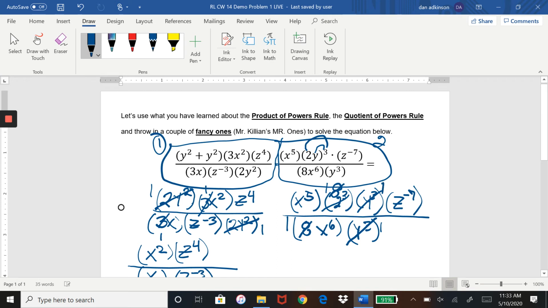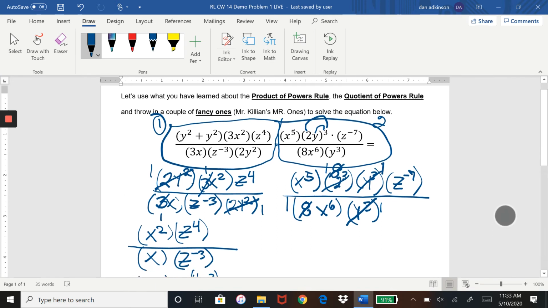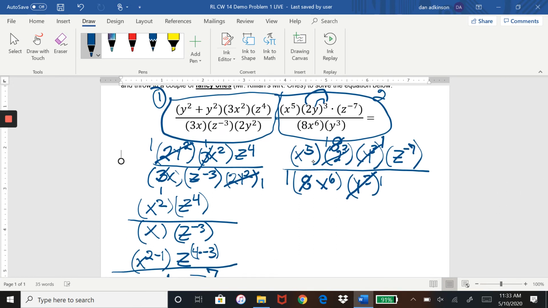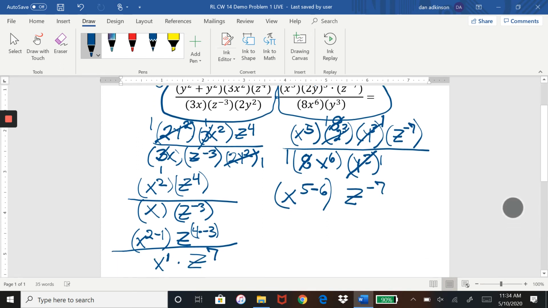That becomes another fancy one. So let's see what I have left. I've got x to the 5th divided by x to the 6th, using the quotient of powers rule, x to the 5 minus 6, and z to the negative 7th, just keep z to the negative 7th. That's all we've got left on this side.